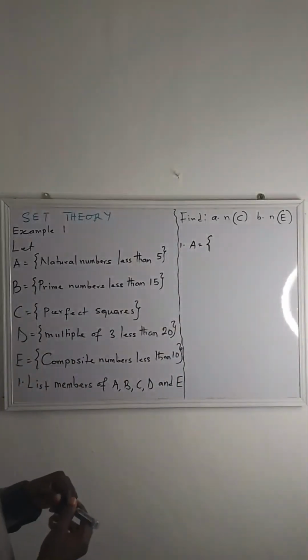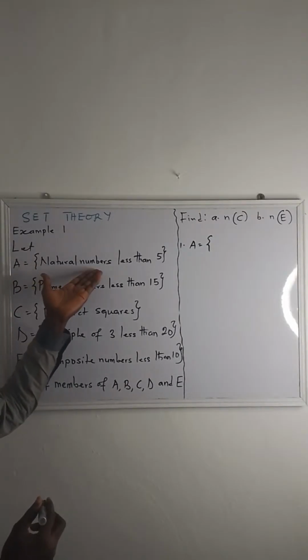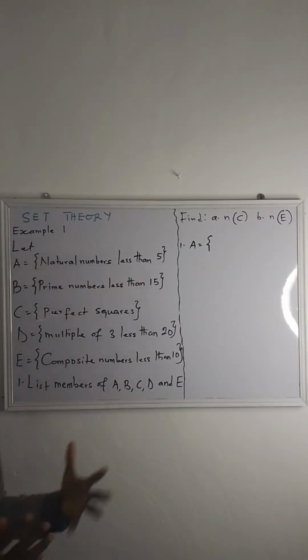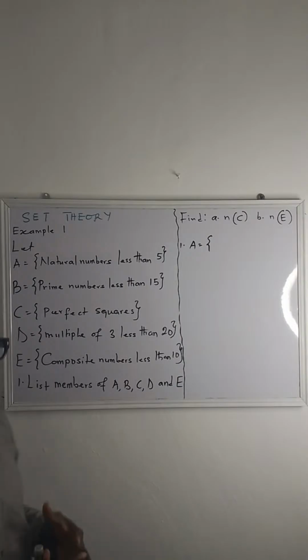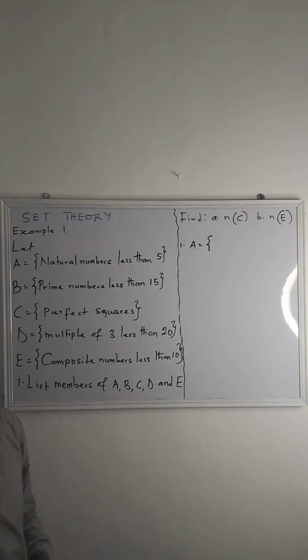Now look at what we have here. A is the set of natural numbers less than 5. Don't forget, the last time we defined natural numbers as counting numbers. If you want to count something, you start from 1, 2, 3, 4. So counting numbers start from 1 and don't include 0, because you don't make a count of 0. So there's the set of 1, 2, 3, 4, 5, 6, and so on.